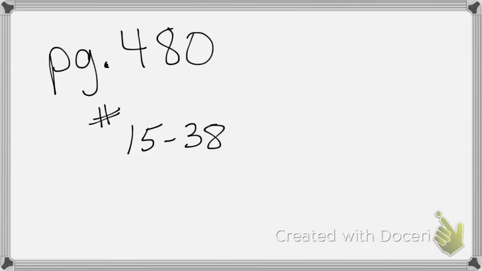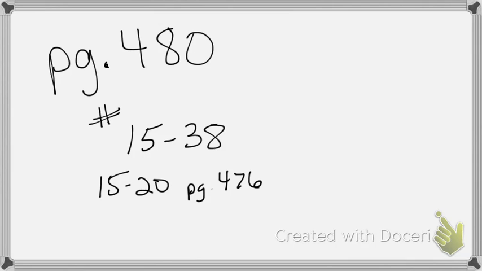Use the distributive property to factor each polynomial. Now, all you're doing there is factoring those two terms. Now, if you want to flip back to page 476. So 15 through 20. Look at page 476. Okay? Because that's very helpful.